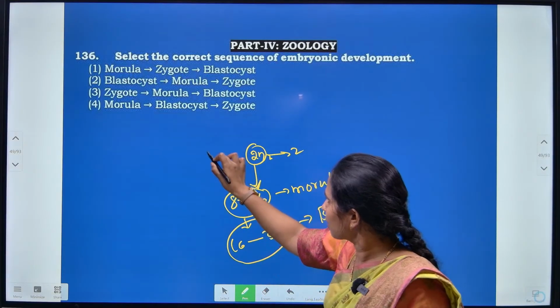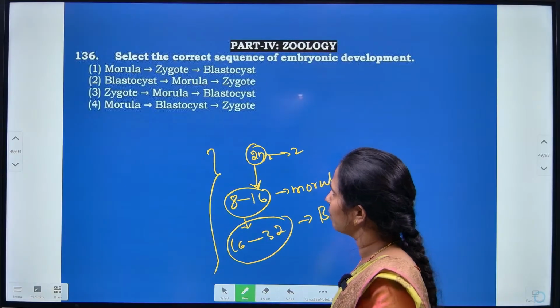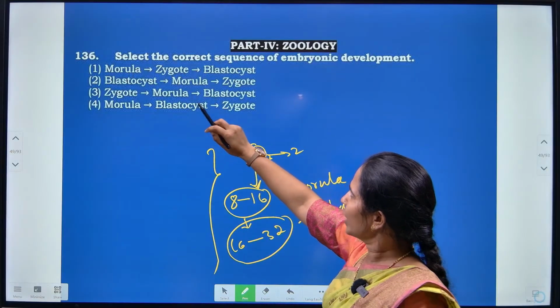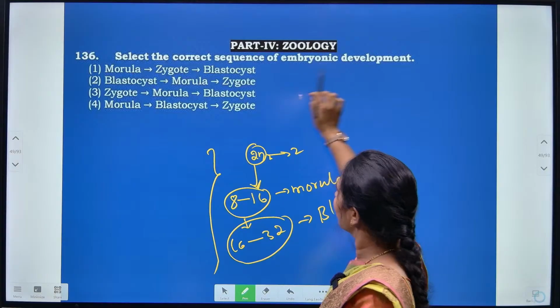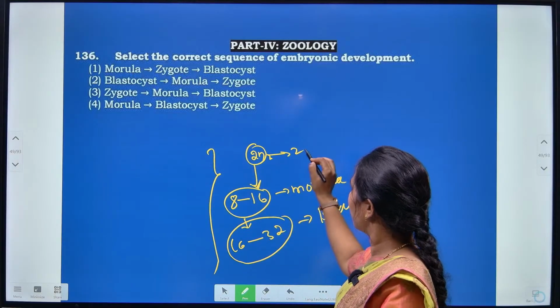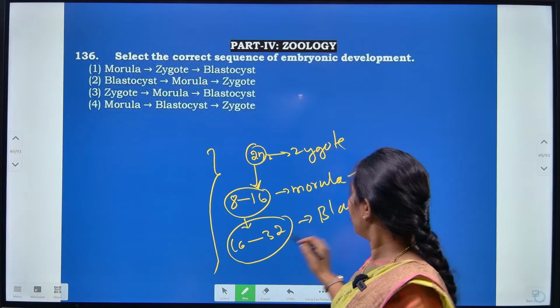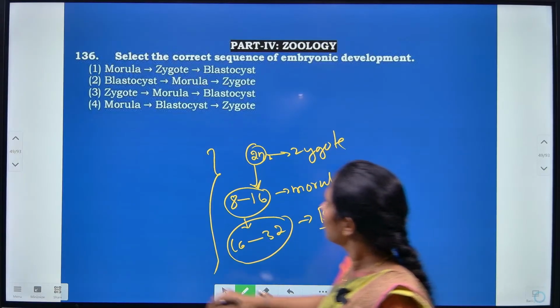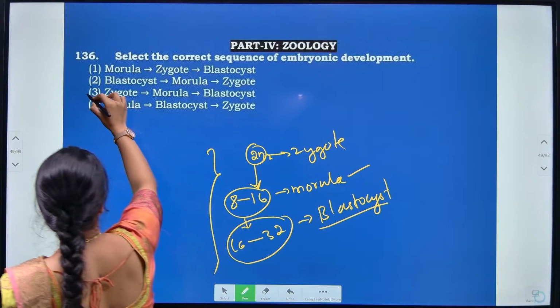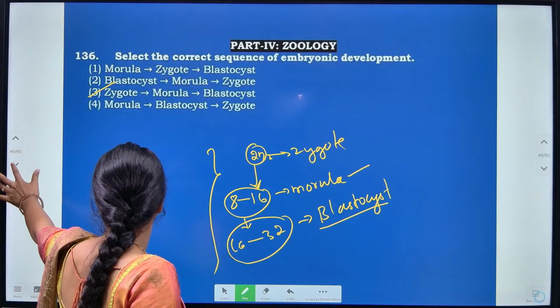So this is the sequence of embryonic development. They have told us to select the correct sequence. The first one will always be the zygote, the second is going to be the morula, and the third is going to be the blastocyst. So here the right option will be option number 3.